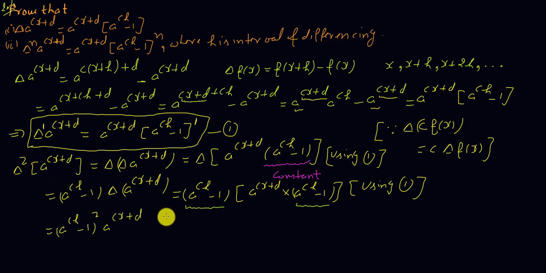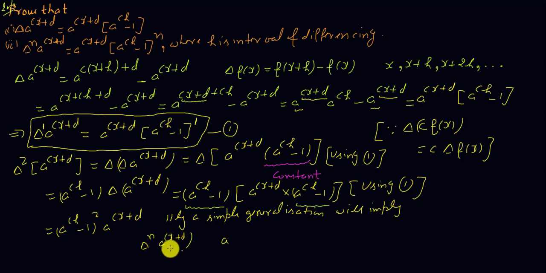A simple generalization will imply that delta n of a raised to the power cx plus d is equal to (a raised to the power ch minus 1) whole raised to the power n, times a raised to the power cx plus d, and that is equation number 2.